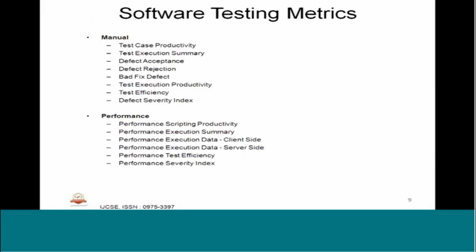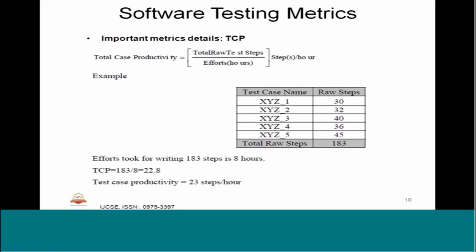In manual, we collect test case productivity, execution productivity, defect and execution efficiency, and severity. All these manual types of metrics we collect. In performance, in terms of execution, summary, and scripting, the performance of the whole environment and the technicality of the tested program will be reported.